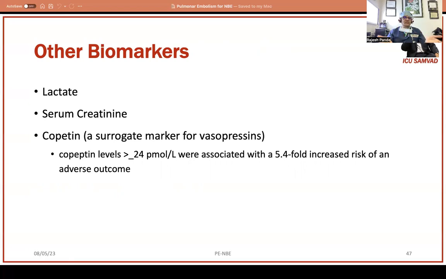It is important because we need to modify the doses, not only of antibiotics and other drugs, but also of the anticoagulants. Copeptin is another surrogate marker because when the patient is in shock, then vasopressin is released. So this copeptin, which is a surrogate marker for vasopressin, can be measured, and levels in excess of 24 picomole per liter are associated with a 5-fold increased risk of adverse outcome.